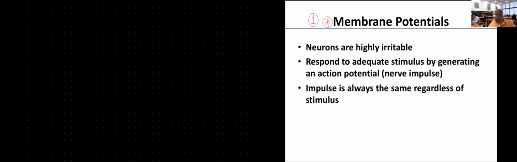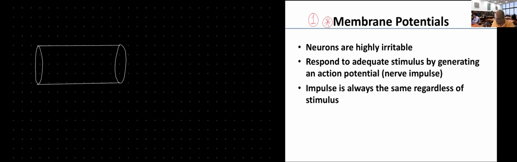So if we're looking here at a regular cell, like any cell in the body, inside the cells we've got much more negative charges than outside of the cell membrane.